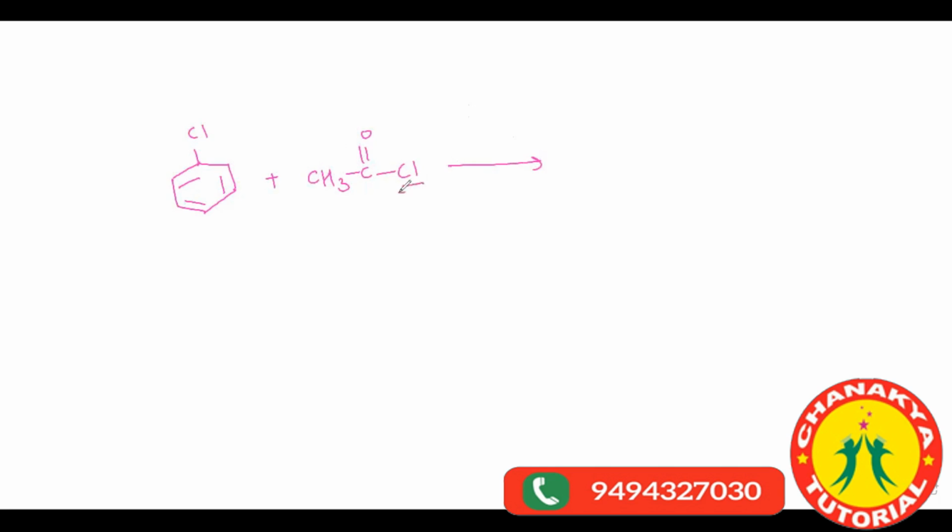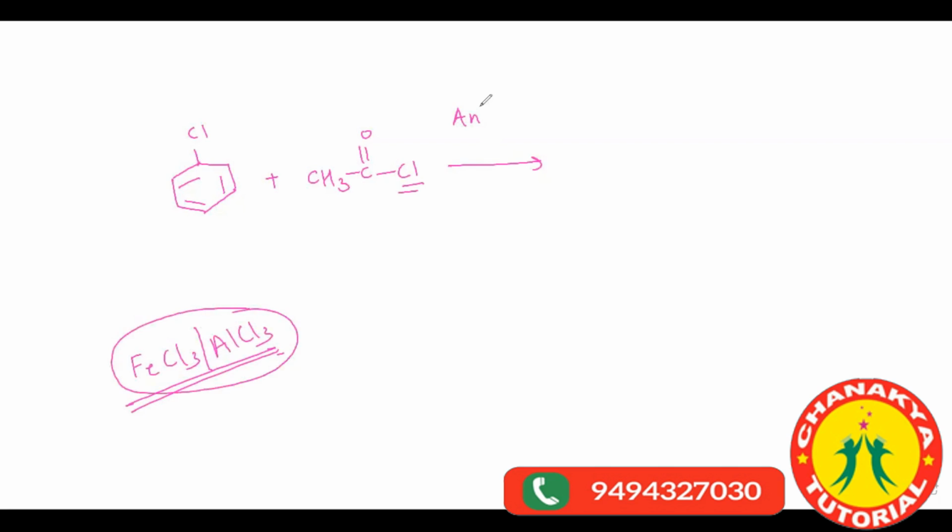As I have used Cl here, I want Cl in the catalyst also. So will you use FeCl3 again? FeCl3 you can use, or you can use AlCl3. Both are possible. Among these, any one you can use.